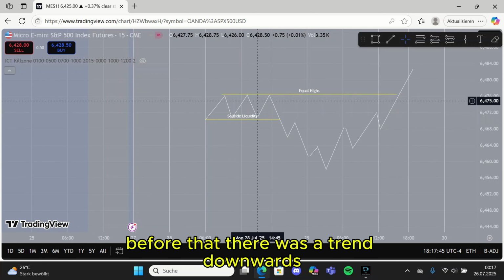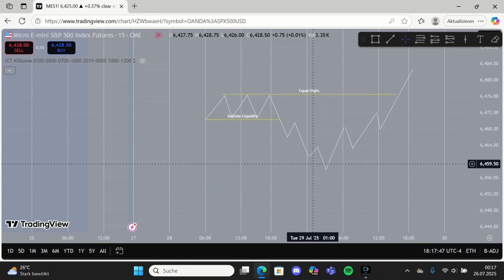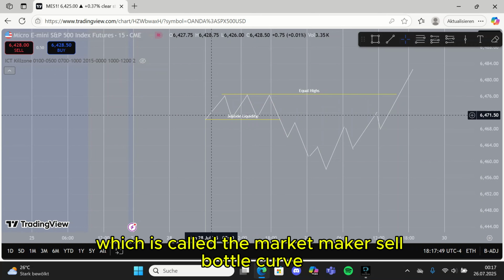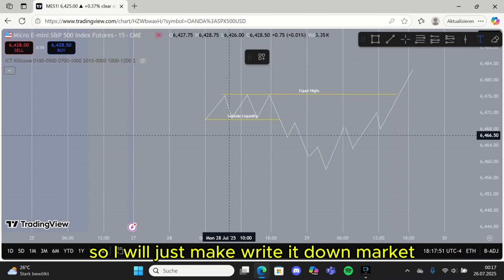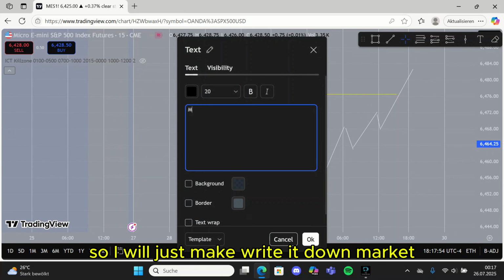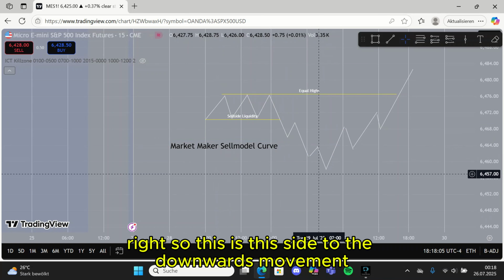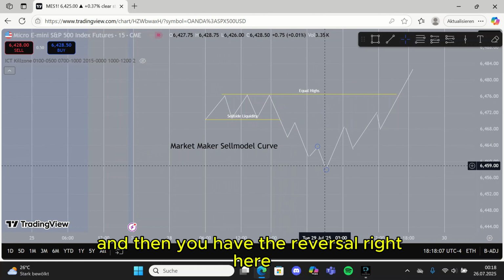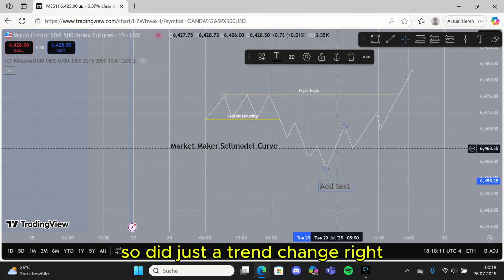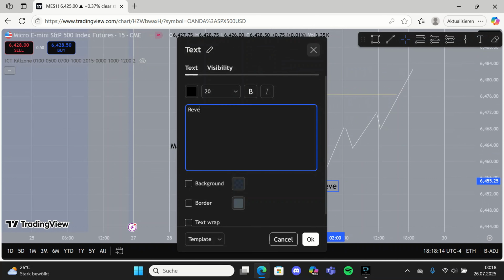Before that, there was a trend downwards, which is called the market maker sell model curve. So I will just write it down. Market maker, right? So this is this side, the downwards movement, and then you have the reversal right here. So just a trend change, right?